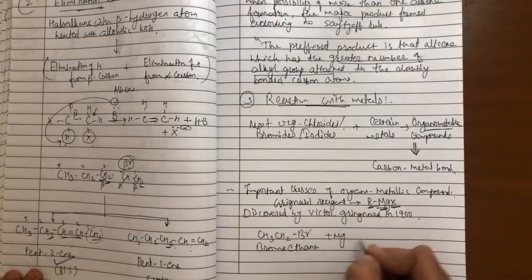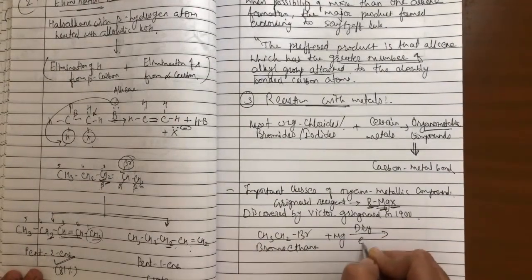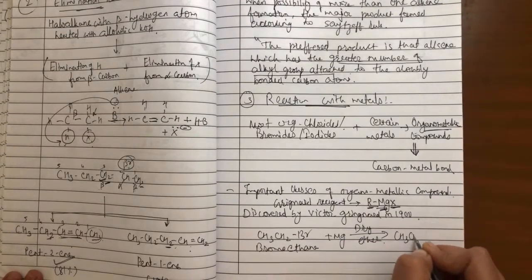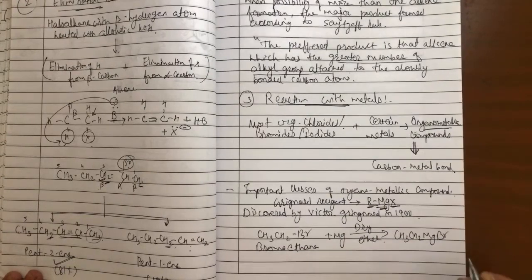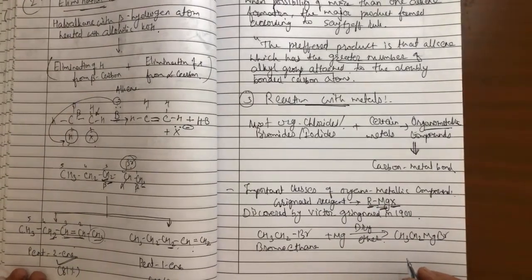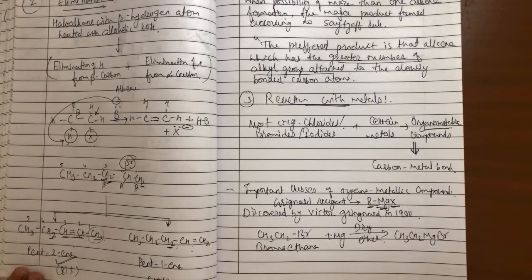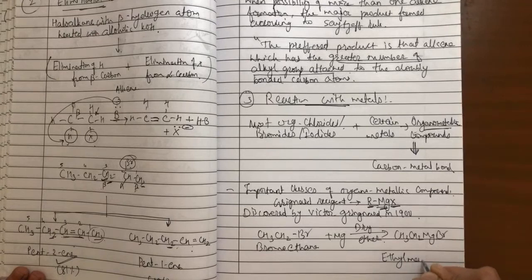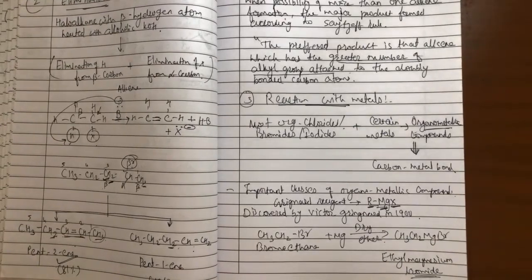When we react bromoethane with magnesium in the presence of dry ether, this will give us CH3CH2MgBr, ethyl magnesium bromide, which is an organometallic compound, and that is known as Grignard reagent.